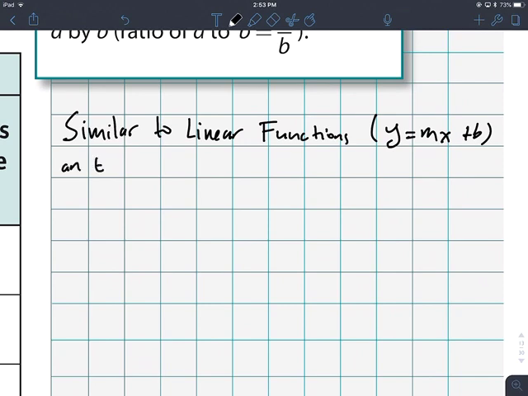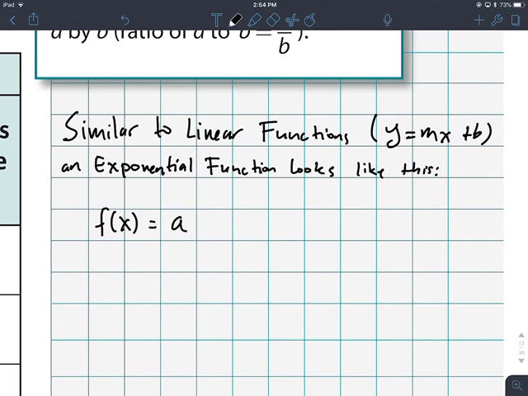And an exponential function looks like this. Using exponential notation, function notation, it looks like this: f of x is equal to some number a times b, the base, to the power of x. If you don't like function notation and you want to use two variable notation, you can write y is equal to a times b to the x power.